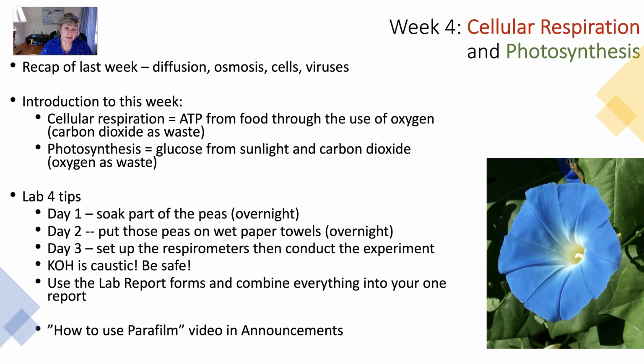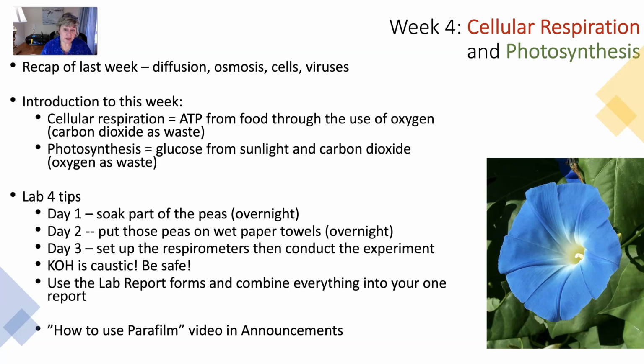So this germination process takes a few days. The first day you soak part of your peas overnight. You must use unchlorinated water. So distilled water is fine, bottled water is fine, not tap water, not straight out of the tap. You're going to kill your peas if you do that.